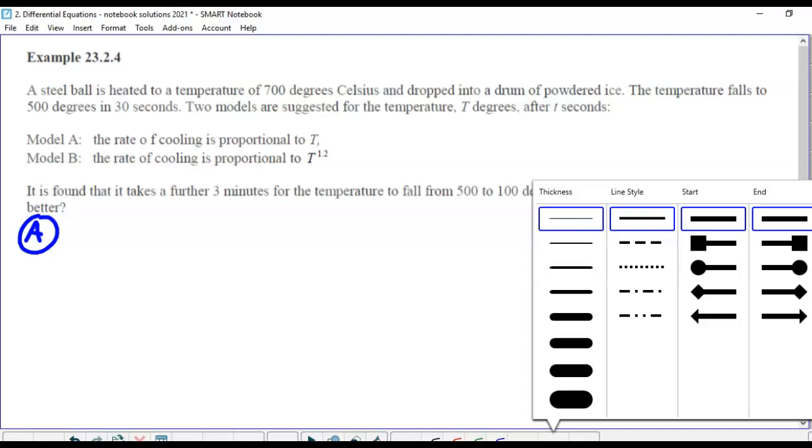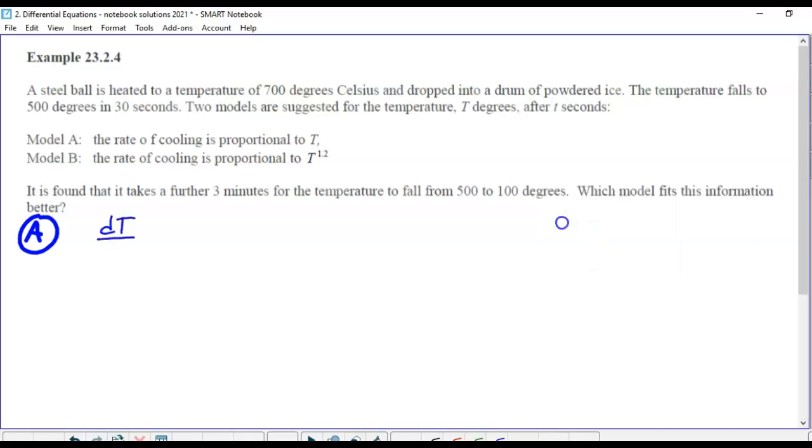And so that's saying that the rate of change of the temperature with respect to time is proportional to the temperature. Okay, so then remember, capital T is the dependent variable here, so we want to take the reciprocal.